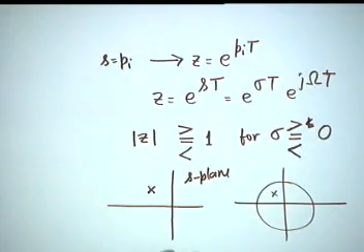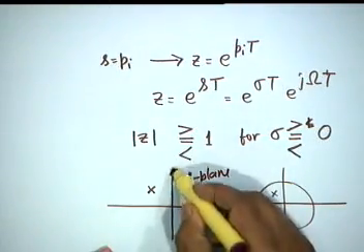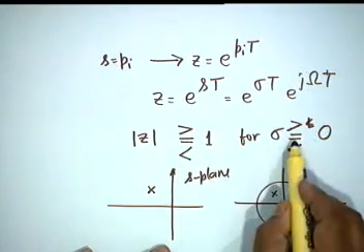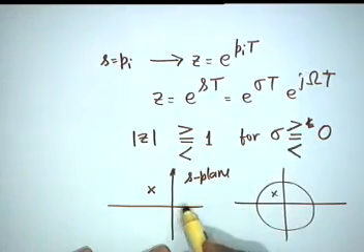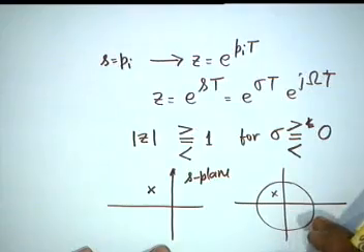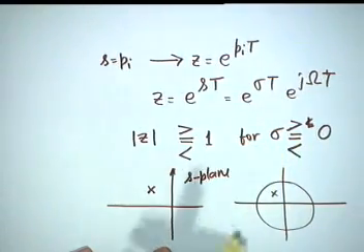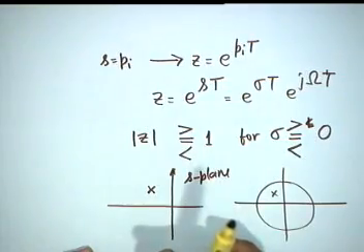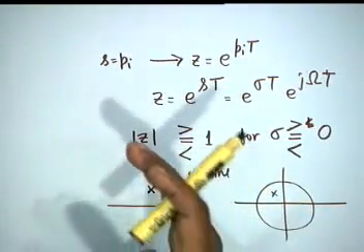The j omega axis transforms to the unit circle, and the right half plane transforms to outside the unit circle, and therefore, our first criterion is satisfied, that is, a stable analog filter shall go over to a stable digital filter.